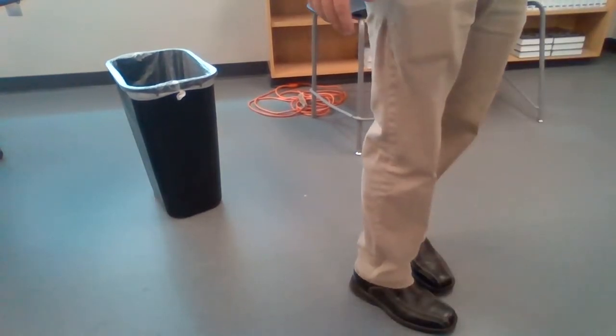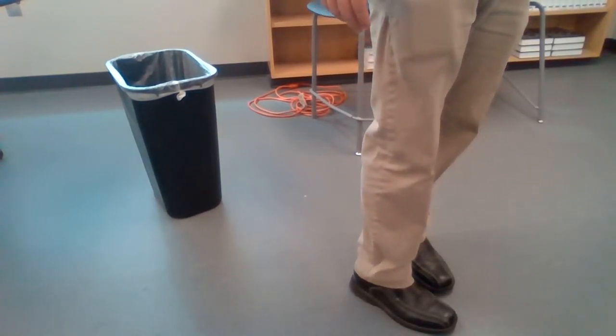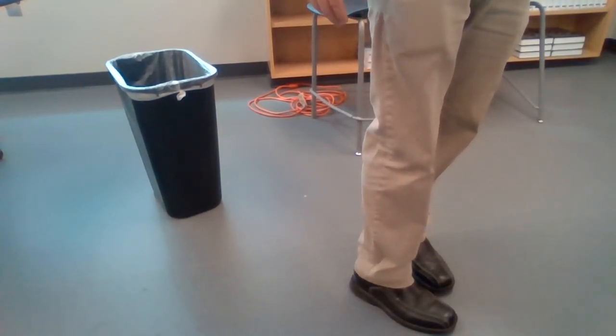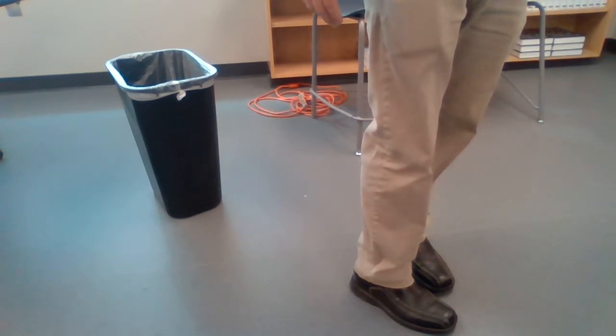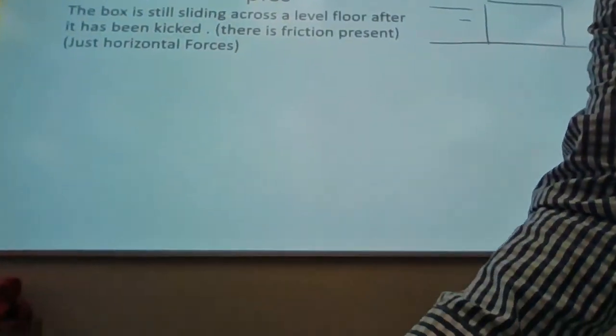But once it's moving, it's like, okay, let's just keep doing what we're doing. And if there was no force of friction, it'd go forever. Constant velocity, straight line path. Does that make sense? So the only thing acting on it is the force of friction.